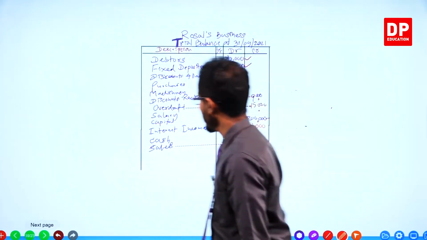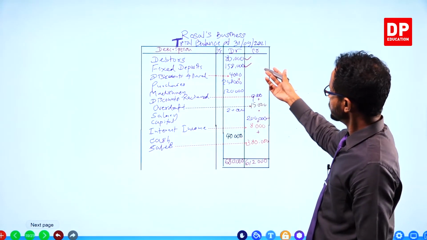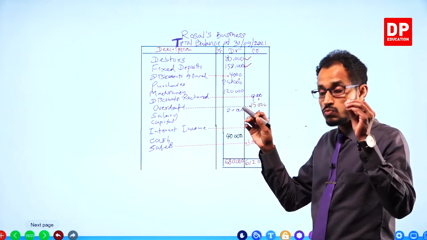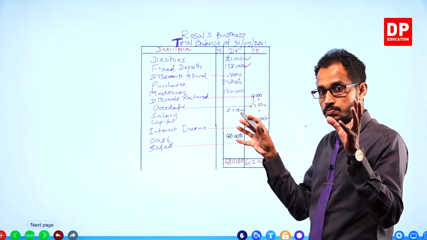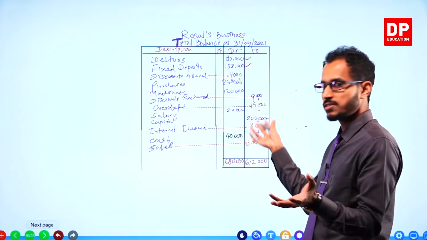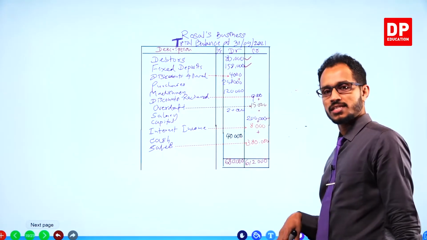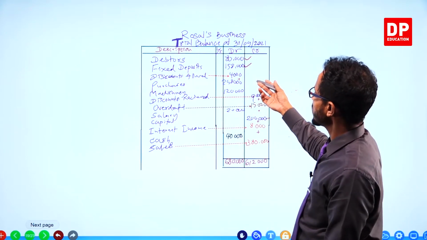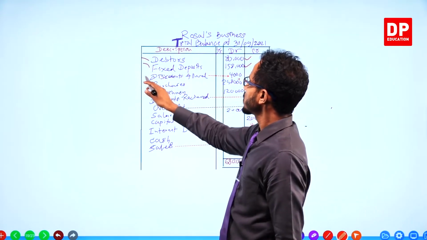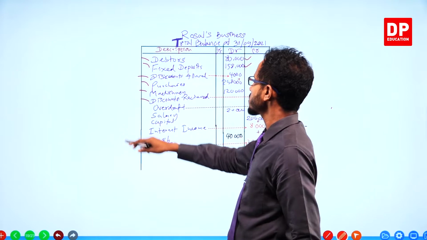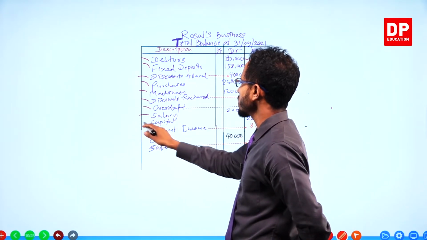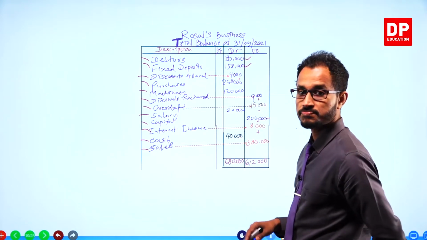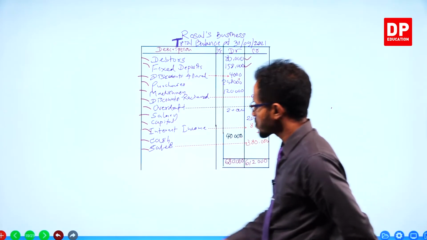Let's see whether creditors are there. Oh, blast. We missed one item. Where are the creditors? Purchases, machinery, discount received, overdraft, salary, capital, interest income, cash, sales. No creditors. We have missed creditors.